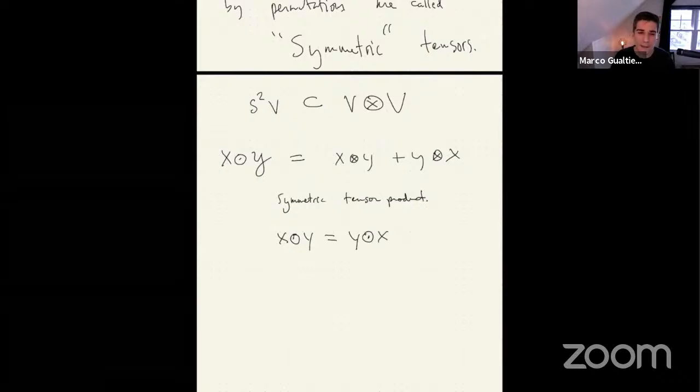So yeah, there's a lot to be said about this. We could teach an entire class about tensor products, symmetric products, and exterior algebras and so on, but such a class doesn't exist yet. But it's a good idea, actually.